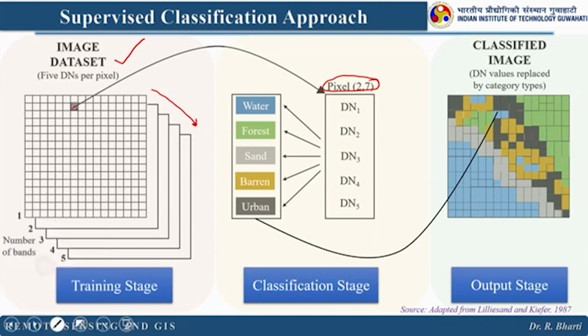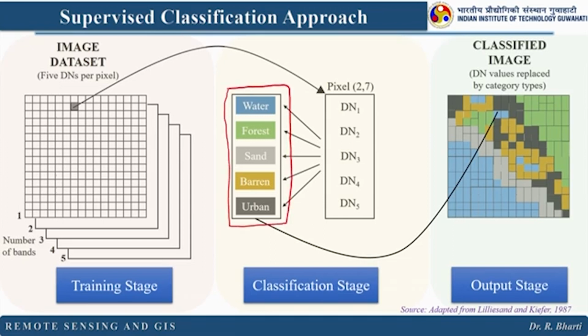So this pixel value, DN value will be used here, the DN 1, 2, 3, 4, 5, and we have information from the field that we want to classify into 5 classes. Let us say water, forest, sand, barren, urban, right. Now what we will do?